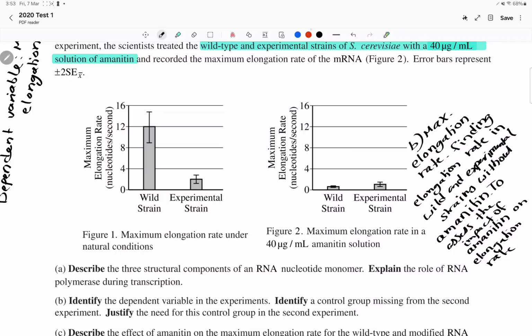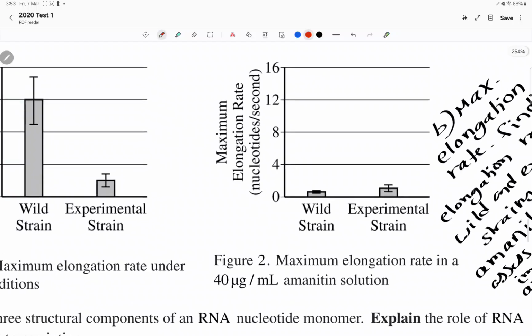So comparing them means comparing their error bars. Now looking at wild type on the left versus the right, did the Amanitin decrease? Yes. It did, right? Because if you draw a line from here to there, it's very low compared to the lowest error bar.